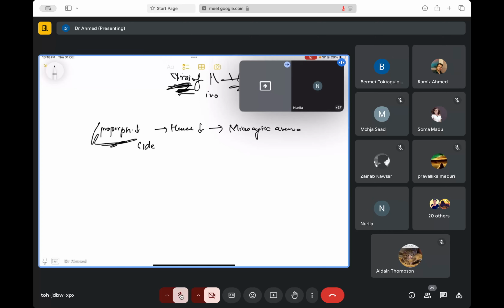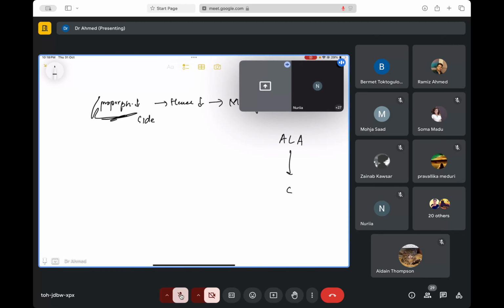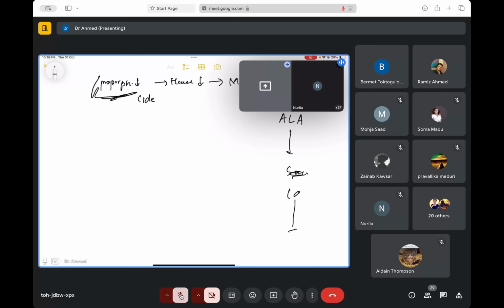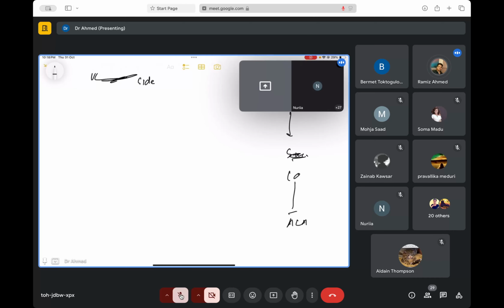You have the pathway. Aminolevulinic acid is going to be converted from succinyl coenzyme A. We have an enzyme here, ALA synthase.